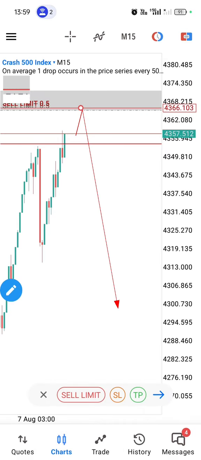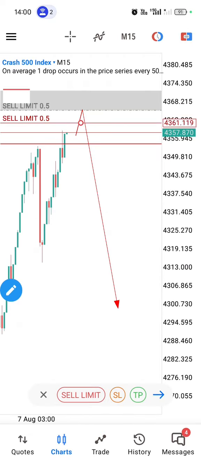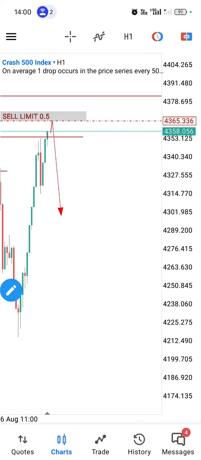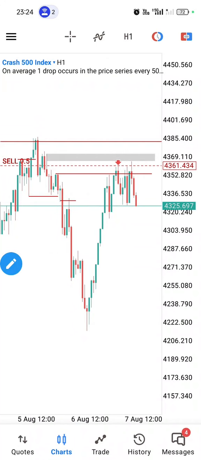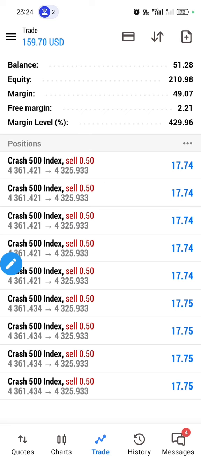That's what we expect. Now I started placing my sell limit and I pegged as usual. Now we will wait for afterwards. Now afterwards, if I remember correctly, I entered at market execution. I couldn't wait for it to reach my sell limit.